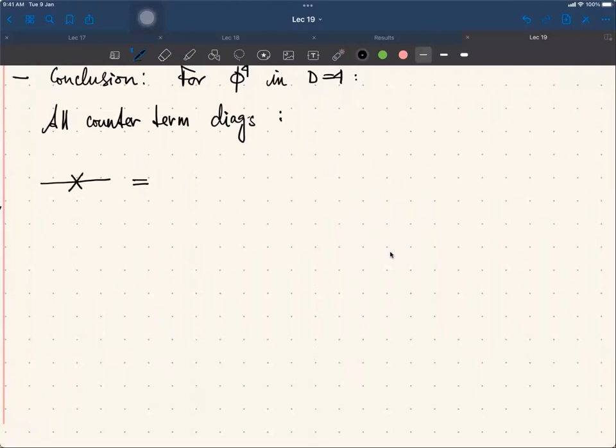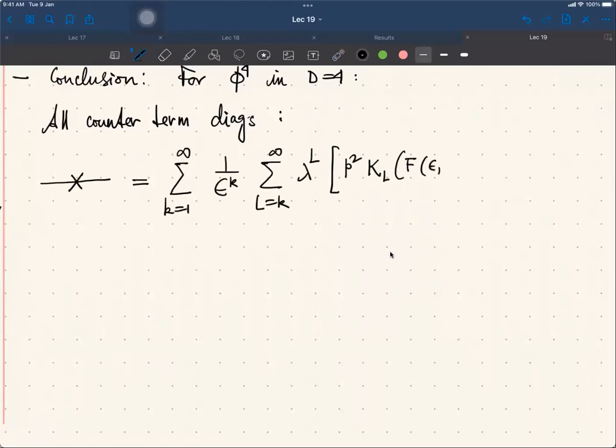Now I'm adding all those 2-point counter term diagrams, and after adding them, I call it a single cross, and that will have a structure: sum over k equals 1 to infinity of 1 over epsilon to the power k, sum over L equals k to infinity of lambda to the power L p square times k_L of f(epsilon, m by mu) g(epsilon, m by mu).